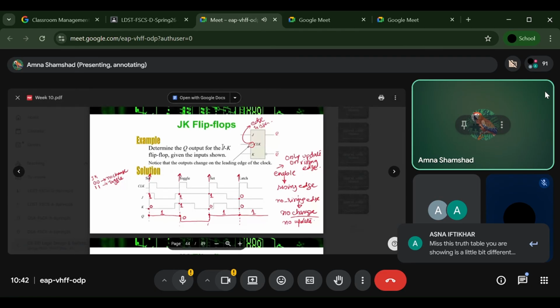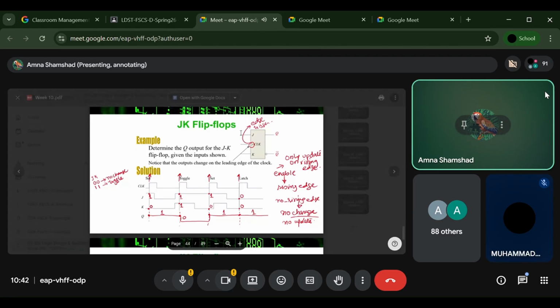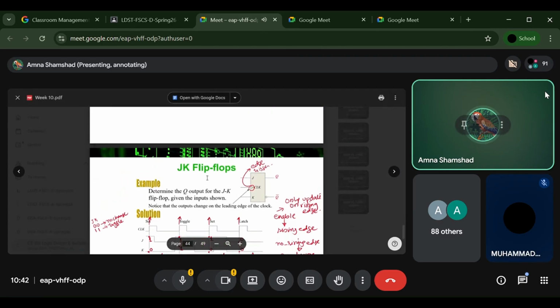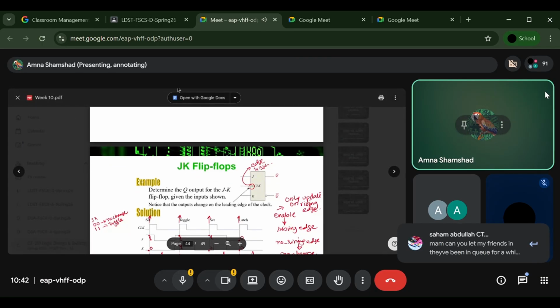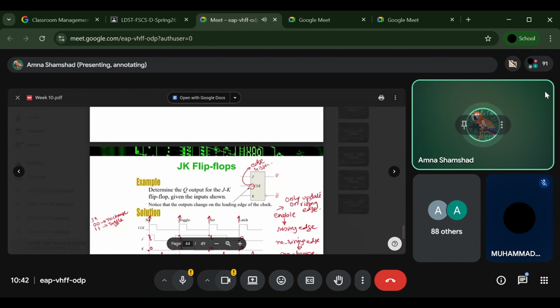But can you solve this? This is already solved, but can you check this one? I'm hiding the output signal. Can you see that it's a JK flip flop? This is my clock, the same thing that we have already.